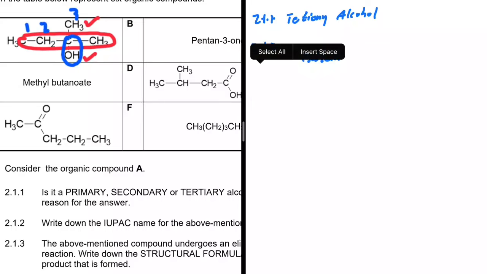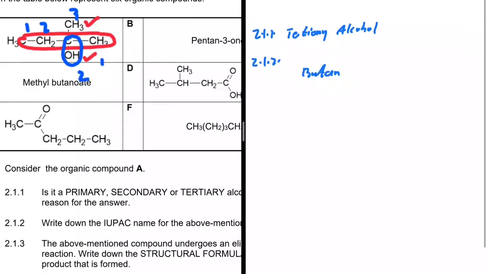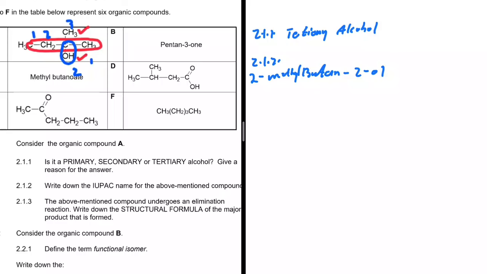But if we start counting from the right, we have 1, 2. So clearly we have to start numbering our carbons from the right. So we're going to have butan-2-ol. But we need to account for that branch there. On the second carbon, we have 2-methyl. So there we go. 2-methylbutan-2-ol. That is the IUPAC name of our compound A.